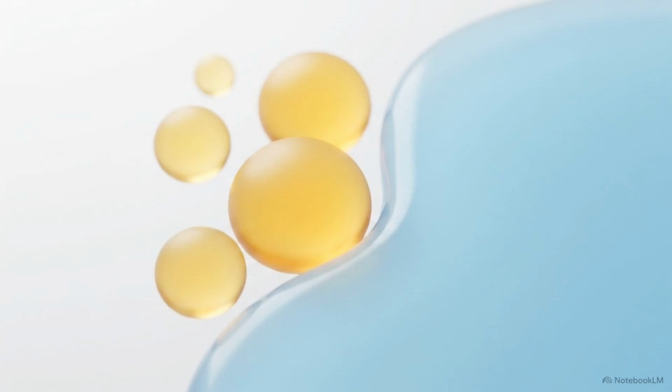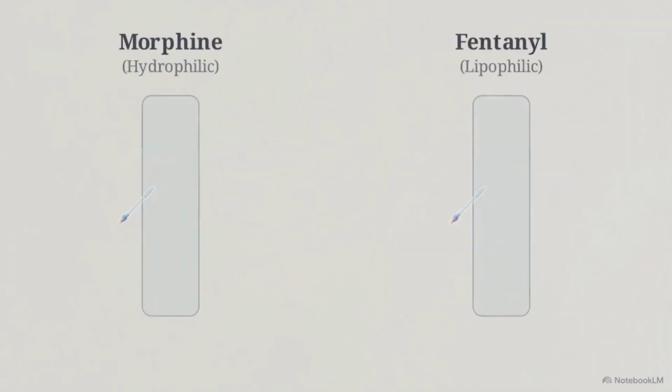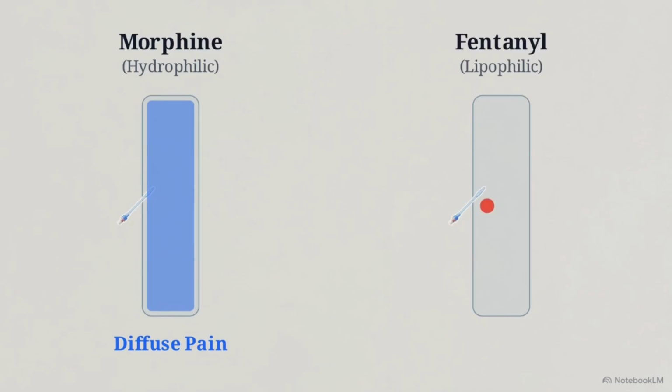Once the hardware is in place, the spread of the medication inside the spinal fluid depends on its lipophilicity. Hydrophilic morphine spreads widely up and down the spinal canal, ideal for treating diffuse pain. Lipophilic fentanyl binds rapidly and tightly near the catheter tip, preferred for highly localized pelvic or unilateral pain.